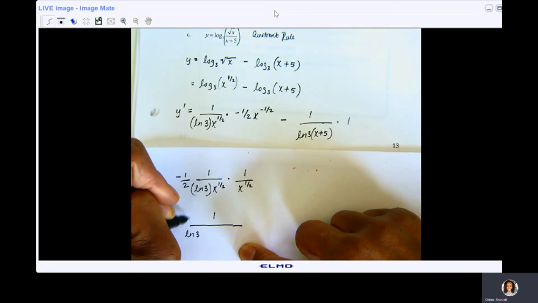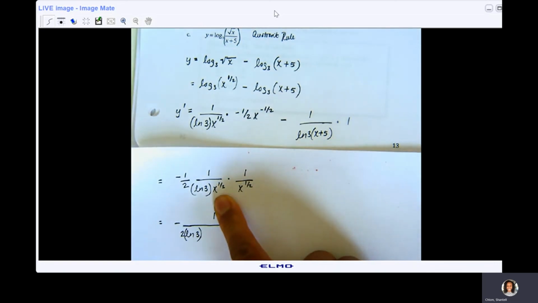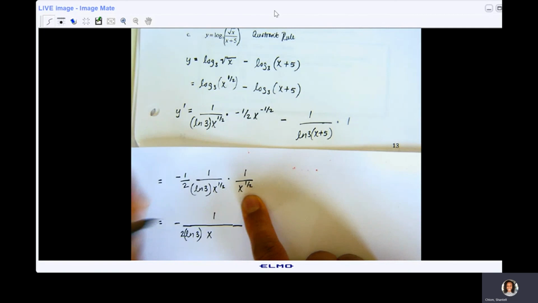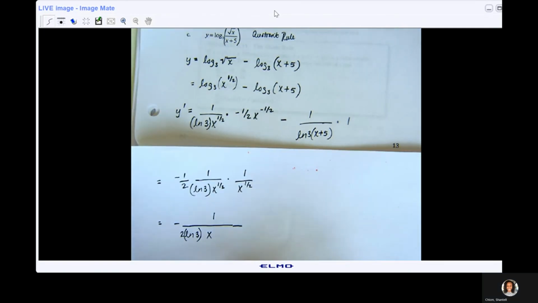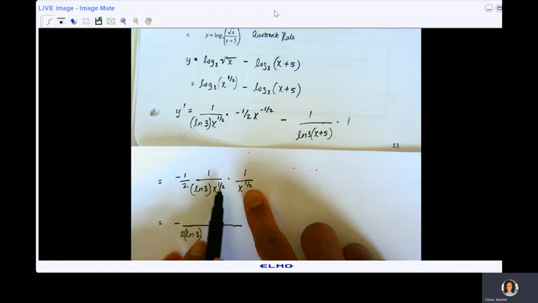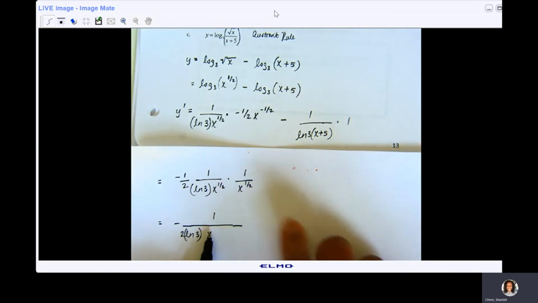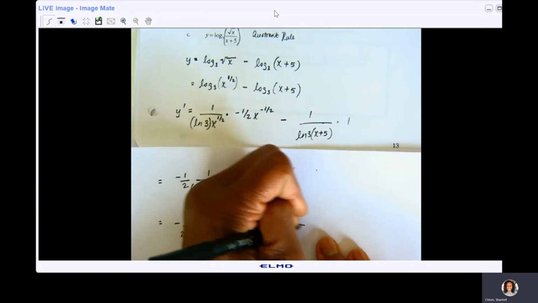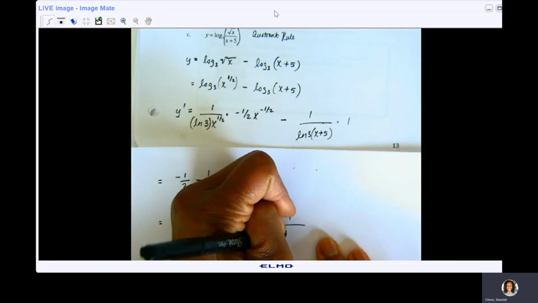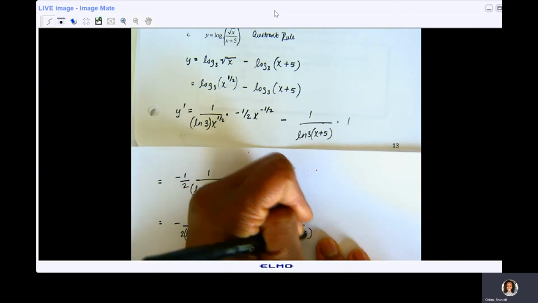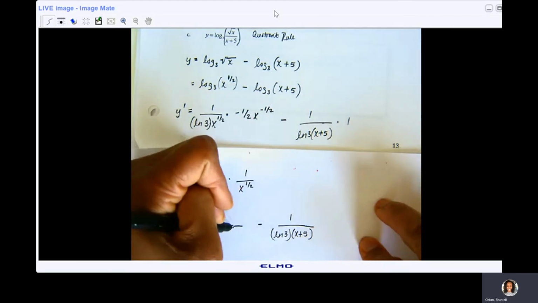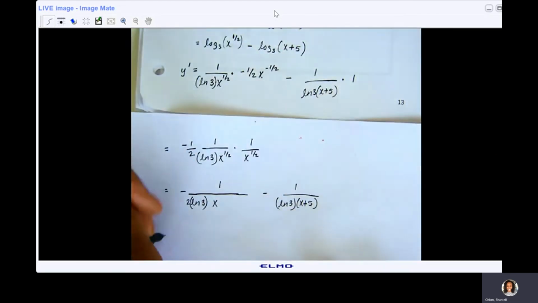Oh, let me put that 2 down there, because I do have that 2. I'm going to put 2 ln of 3. I have x to the 1/2 times x to the 1/2, so I just got x, because I'm basically going to keep the x and add the exponents. A half plus a half is just 1. Then I've got minus 1 over ln of 3, x plus 5. And there's nothing else I can do there.